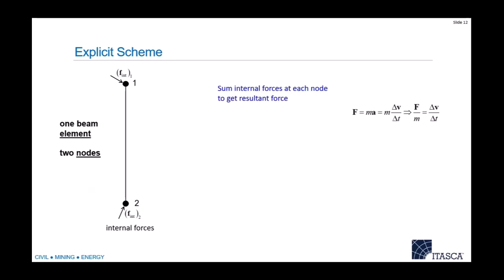And the way that all this is run is that we sum internal forces at each node to get a resultant force. So that's kind of what I'm showing here. We have these R forces. This is an explicit scheme, in which case there is a time step we take to determine the new velocities from the forces and mass and other properties of these elements.